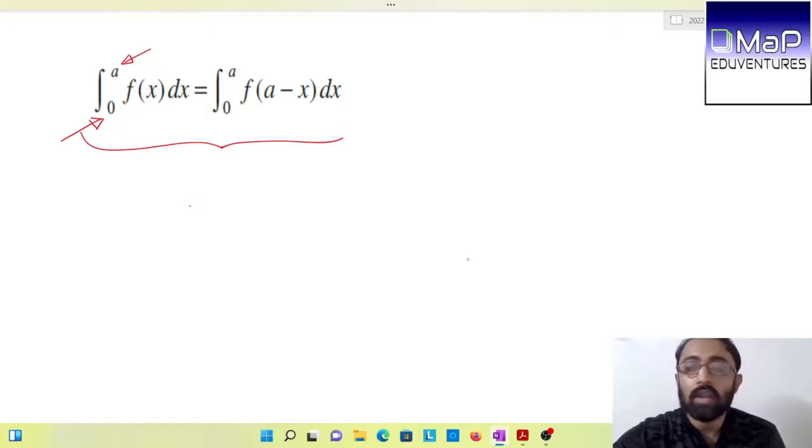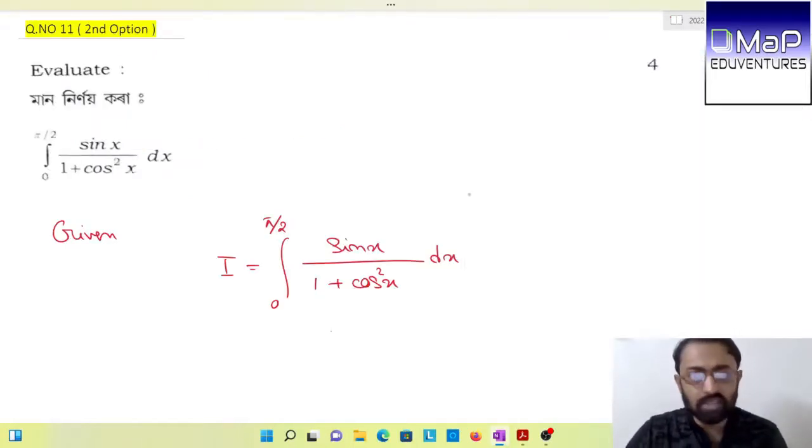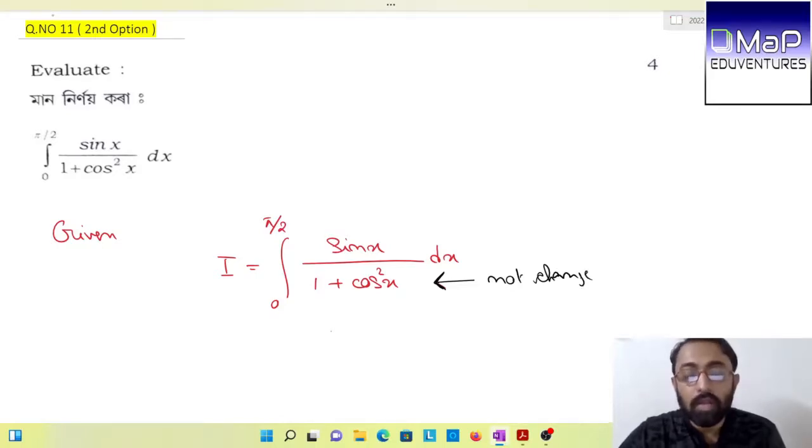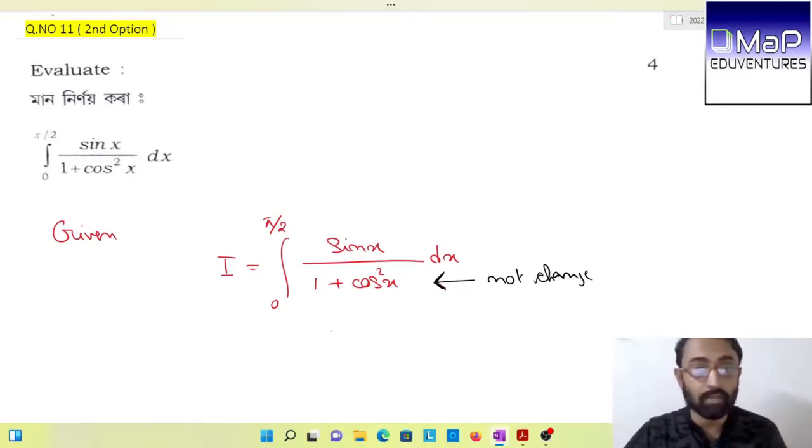Now this is a simple trick. If you want to use that property, then there is a high probability that the denominator should not change. If the denominator changes after using the property, then you have to take LCM while evaluating, while adding.